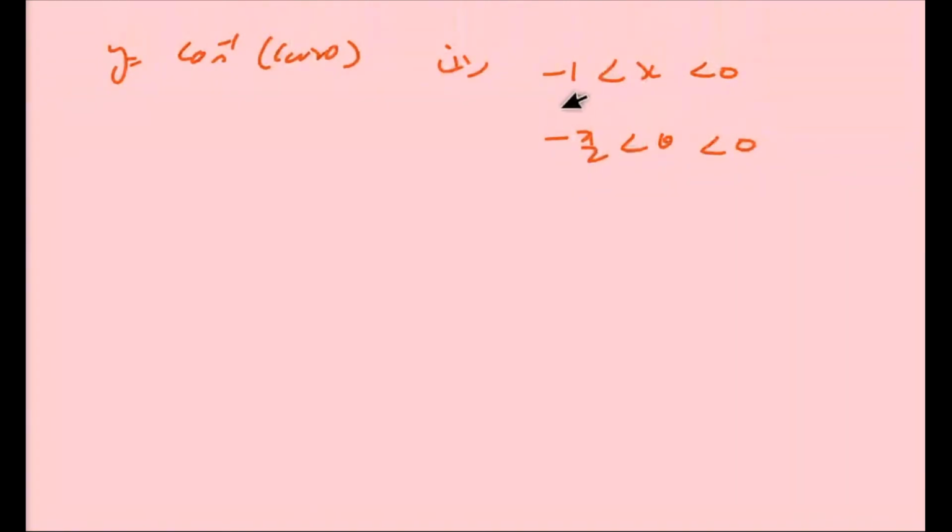Okay, minus 1 less than sine theta less than 0. So this is for sine theta. Okay, so this is minus pi by 2. Understand or not?